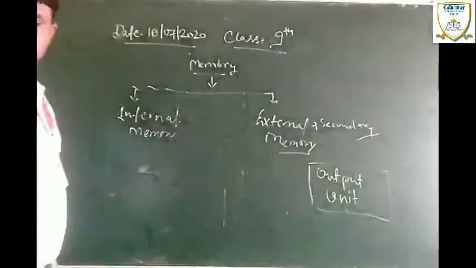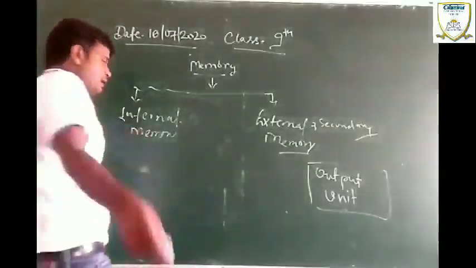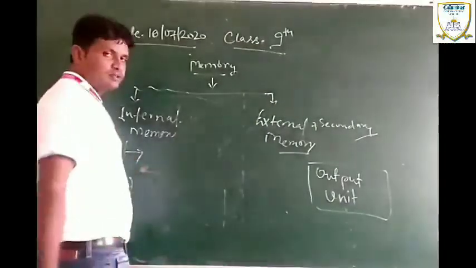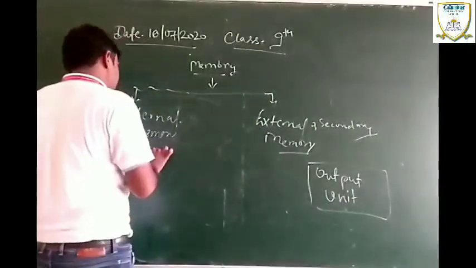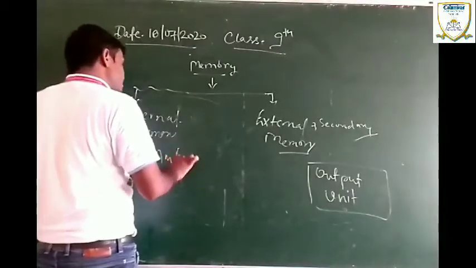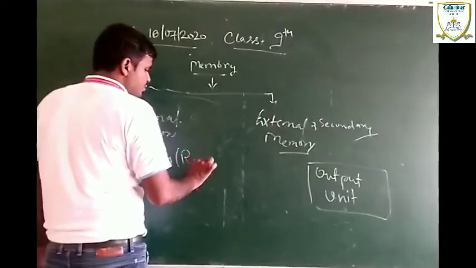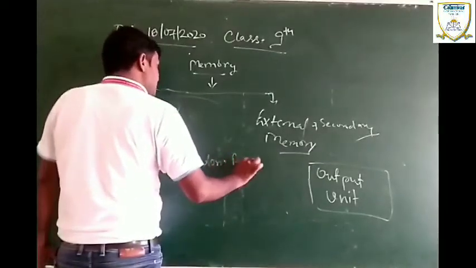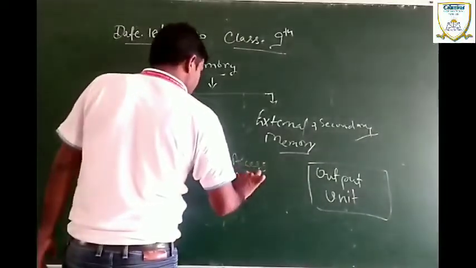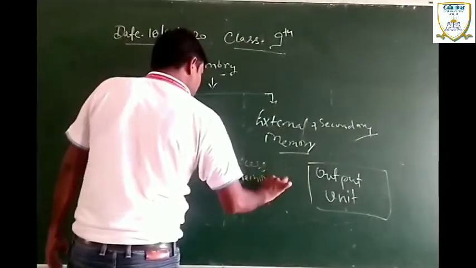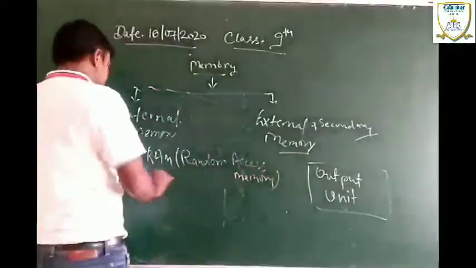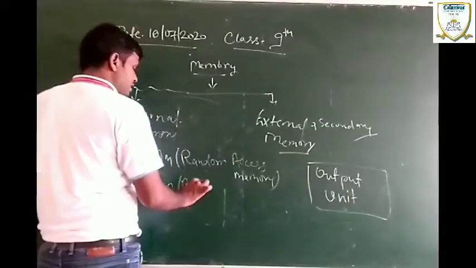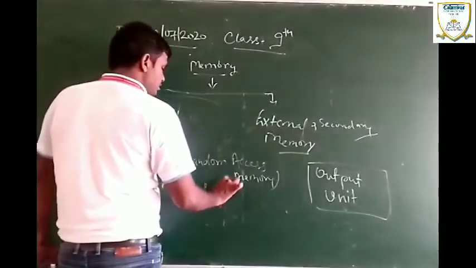The first part is RAM, whose full name is random access memory. And the second one is ROM, whose full name is read only memory.